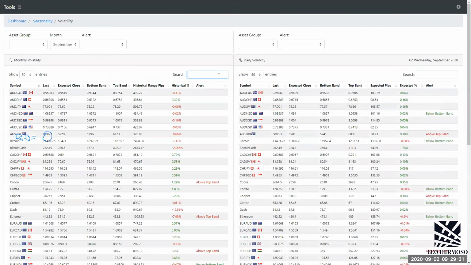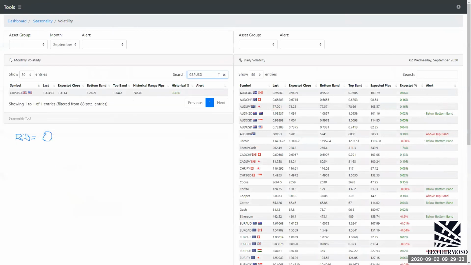So we go to the GBP USD. We know that GBP USD has a huge historical range for this month. So if you are a day trader, if you have some kind of setup that trades volatility, this is going to be a good month for you, because you have a lot of pips to get from low to high.